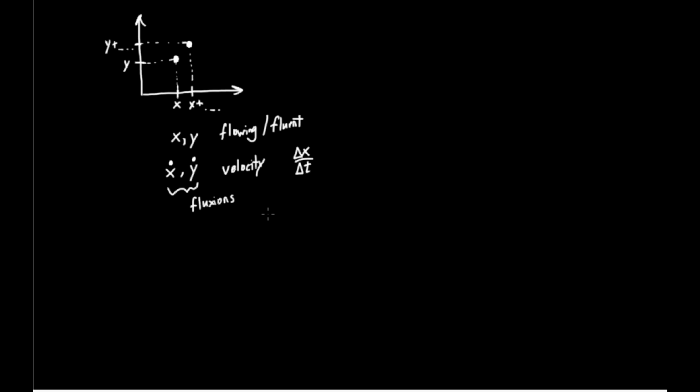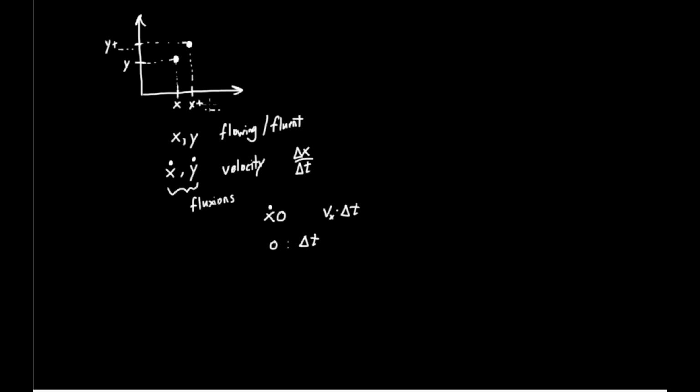It should be estimated by the velocity x dot times some very small quantity in time, which Newton denotes as O. Nowadays, we would say that this additional displacement should be approximated by the velocity in the x direction times delta t. But in Newton's notation, it's going to be x dot times O, where O is some infinitesimally small change in time, which, just to emphasize, nowadays we would refer to as delta t.